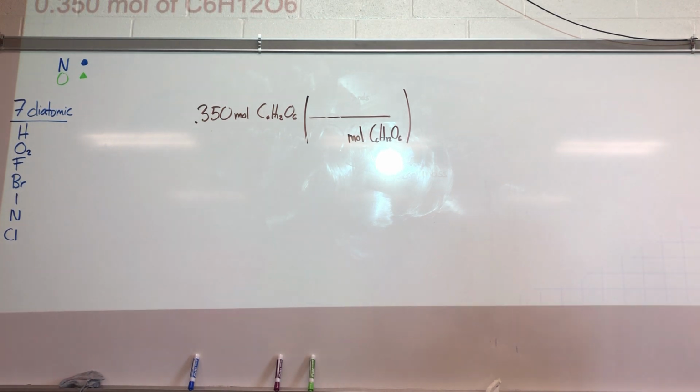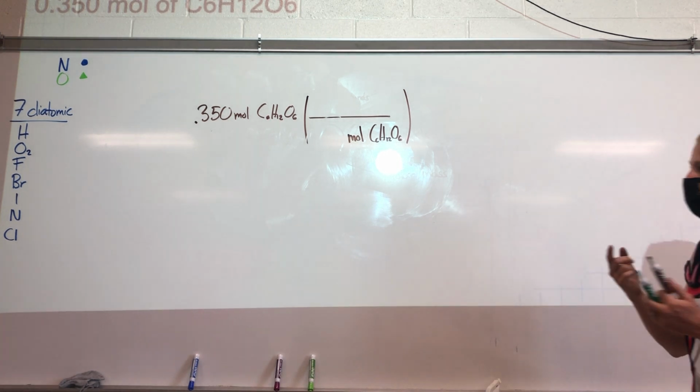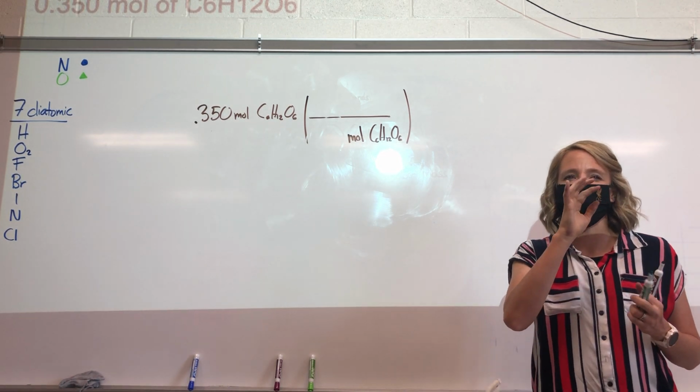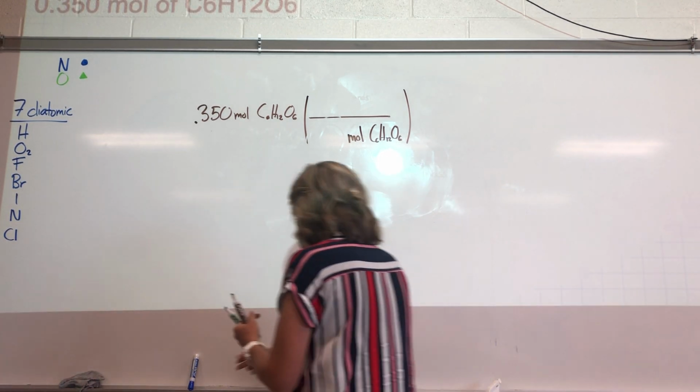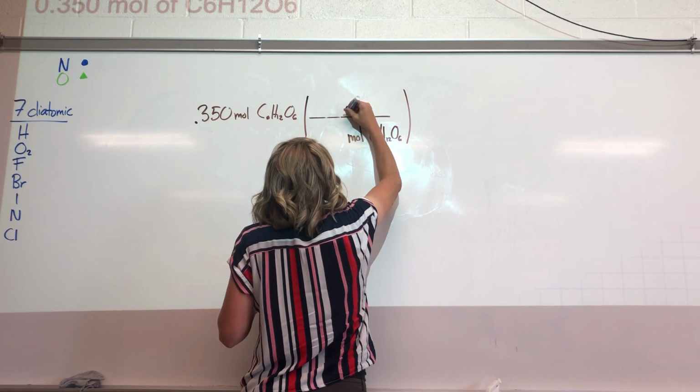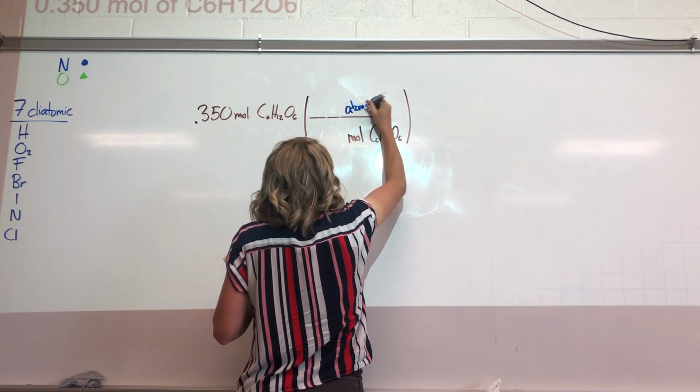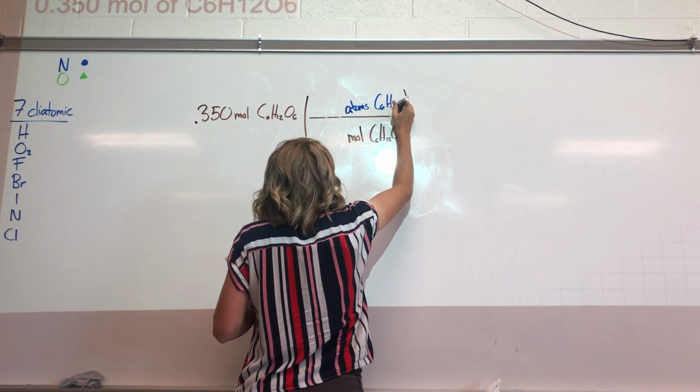Okay, what am I trying to convert moles into? Atoms, right? Okay, now terminology here is going to be a little off, but just stay with me. Okay, so I'm just going to say atoms of C6H12O6.